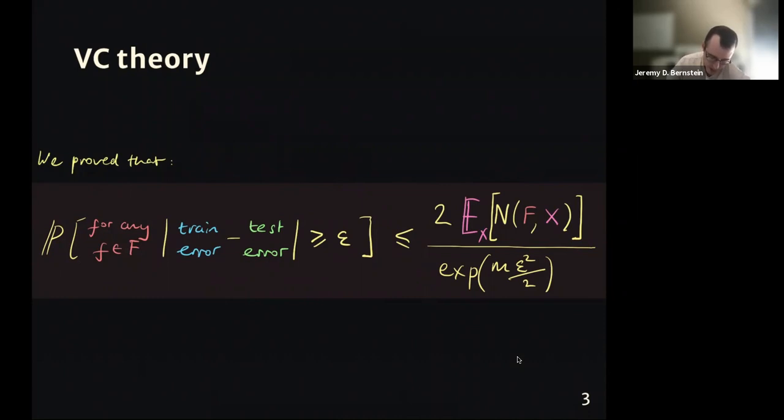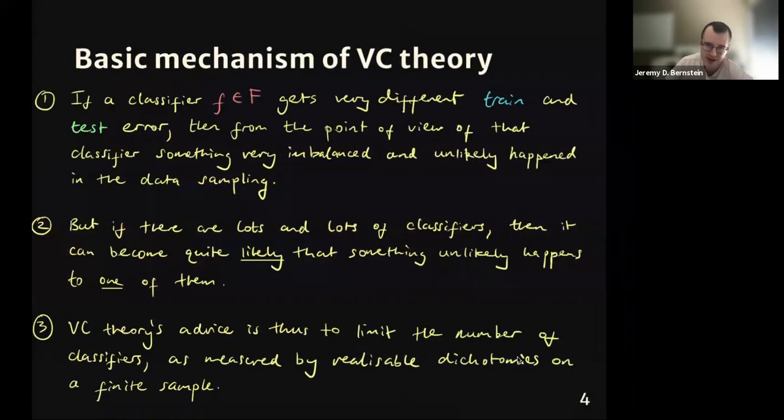Okay, so I've just written out again the basic mechanism of how this works. The idea was that if you fix a single classifier, for that one classifier to get different train and test error, then from the point of view of that classifier, something very imbalanced and unlikely happened during the data sampling.